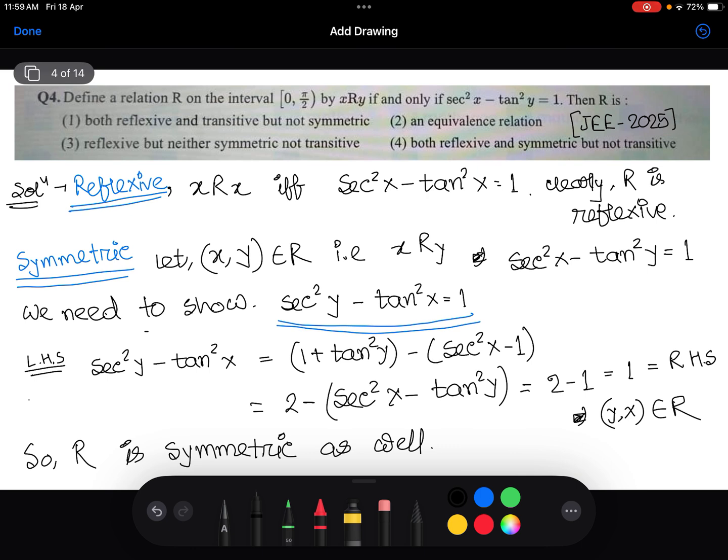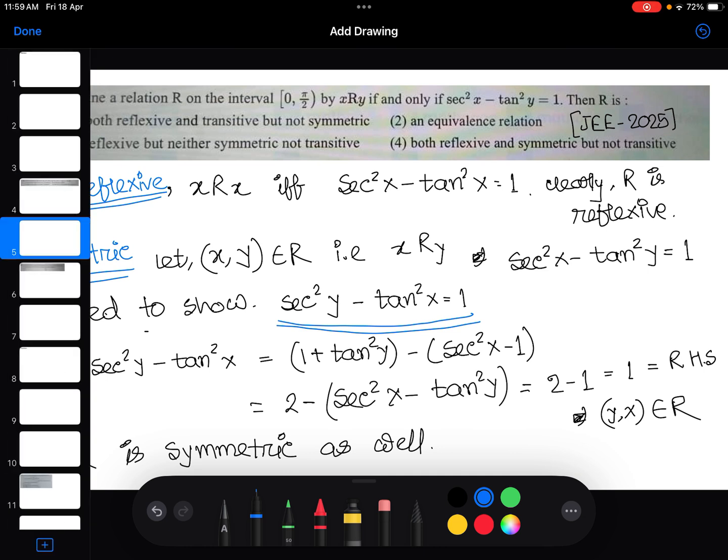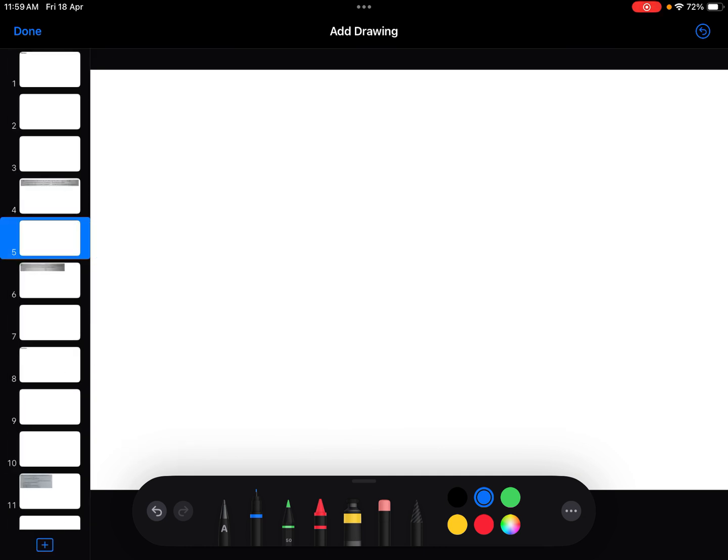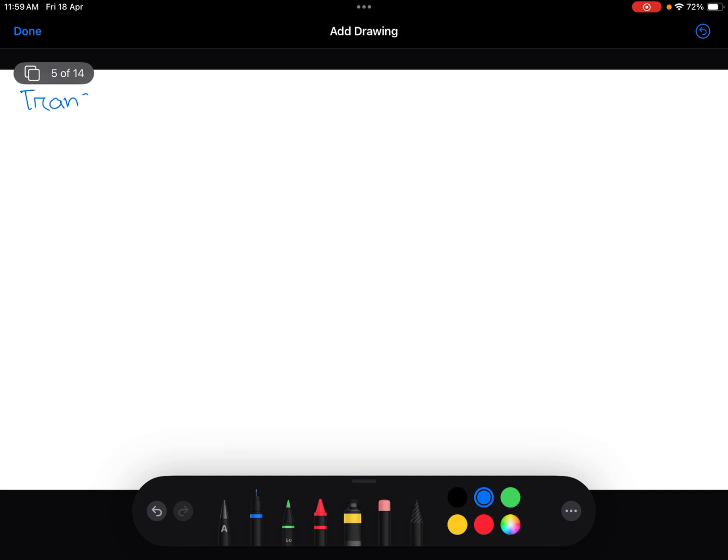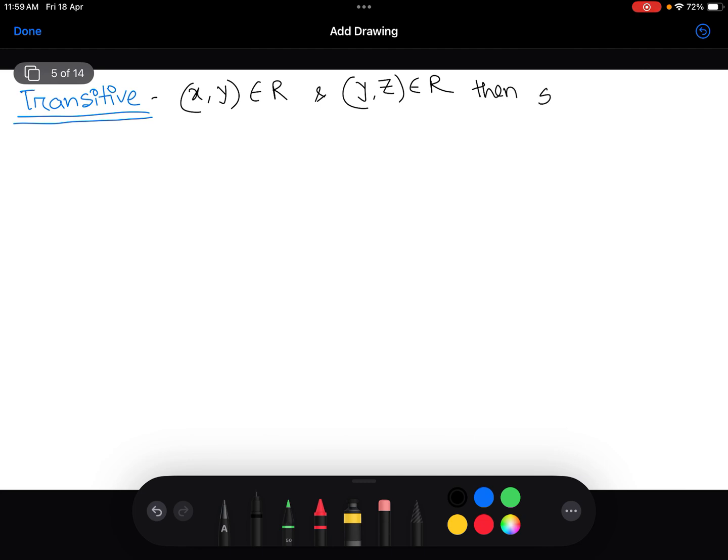Now we have to check the transitivity. For transitivity, let us say (x, y) is in R and (y, z) is in R. If both these ordered pairs are in R, then by the given hypothesis sec square x minus tan square y is equal to 1 and sec square y minus tan square z is also 1.